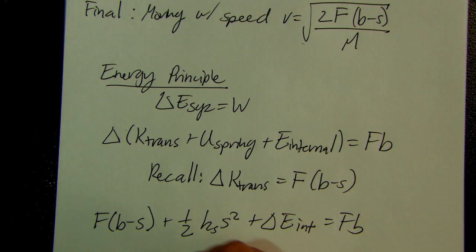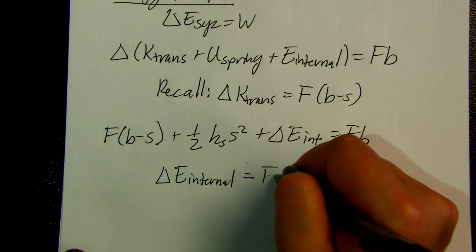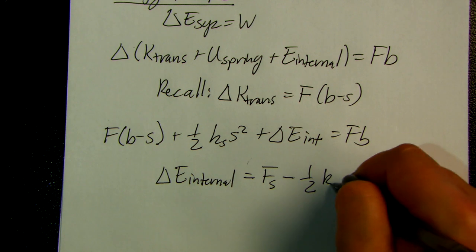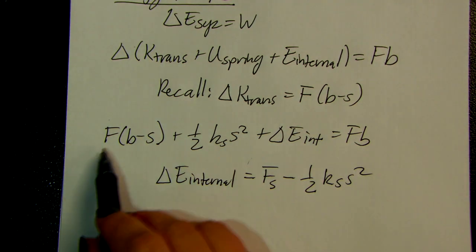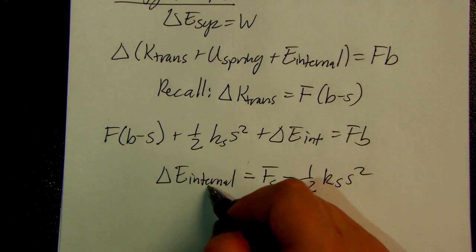Delta E internal is equal to Fs minus 1/2 Ks s squared. So once again, we've got Fb on both sides. That's where that went. And when we brought everything over that wasn't the change in internal energy, which is what we were after.